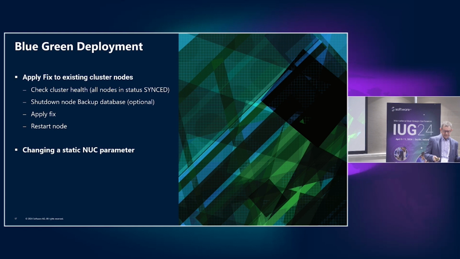I can do that by changing the parameter, bringing down the primary, changing the parameter and bringing it up again, and cycling through all my nodes. And the same goes for new product fixes as well as product versions. So this will give us a true blue-green deployment, either for applying fixes or for changing a static parameter that I would have had to bring down and bring up my database for.